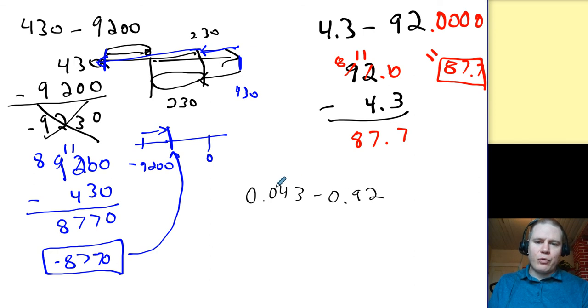This only has 4 pennies, no dimes, 4 pennies, and then 3 tenths of a hundredth. So this is bigger than this one, so that 0.92 goes up top. Point, no tenths compared to 9 tenths, 4 hundredths compared to 2 hundredths, 3 thousandths compared to, well, I better put those thousandths in.